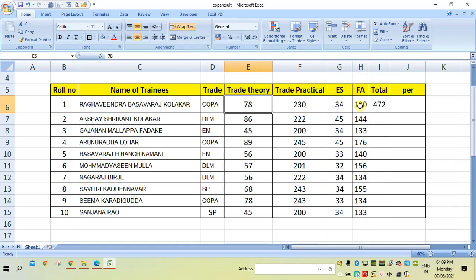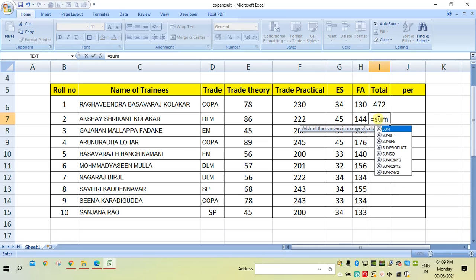Similarly we can write a formula for the next one: equal to sum in bracket, so the formula will be E7 colon H7, bracket complete.